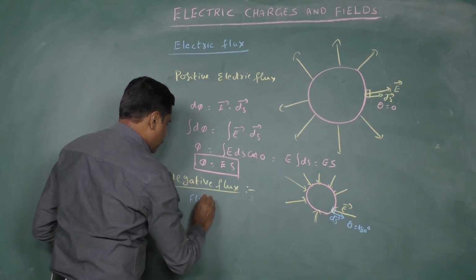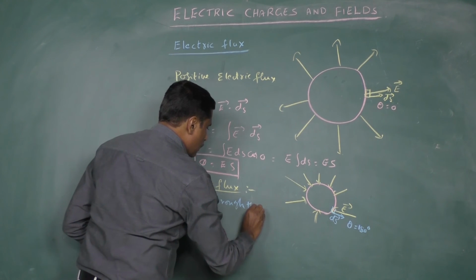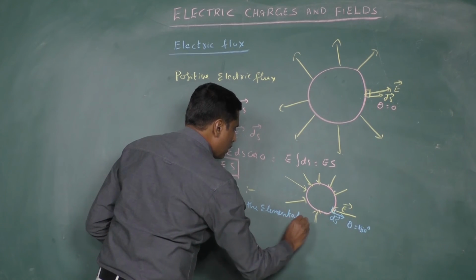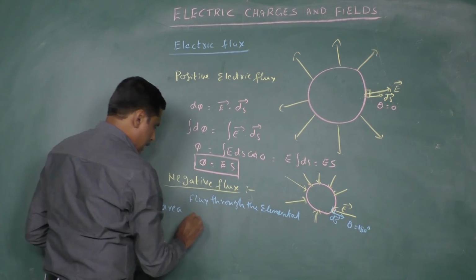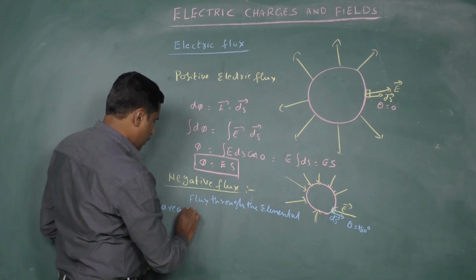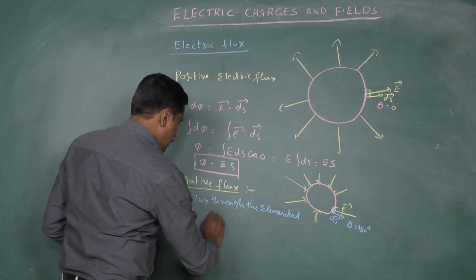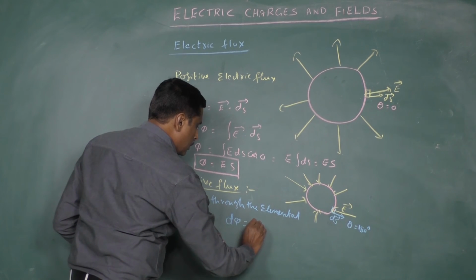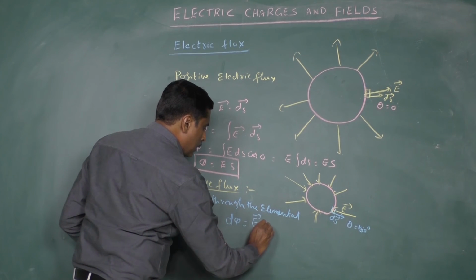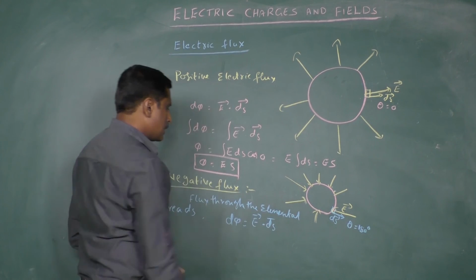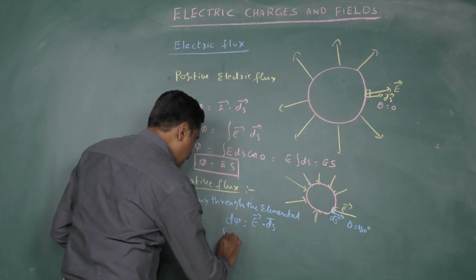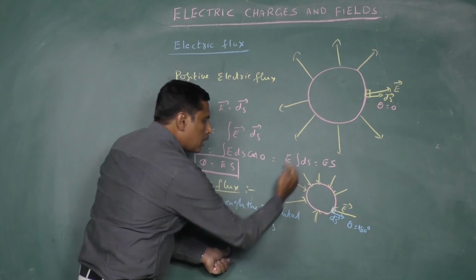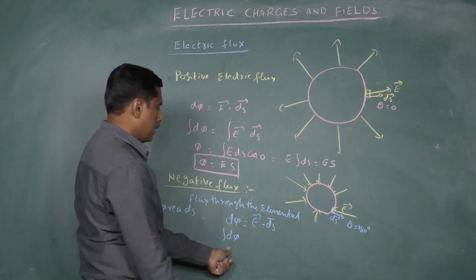Flux through the elemental area ds can be written as d phi is equal to E bar dot ds bar, or you can write integral d phi. Integral d phi is the flux through the entire area, the total area.